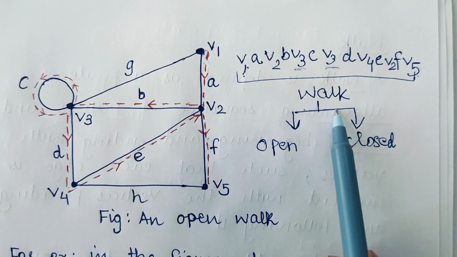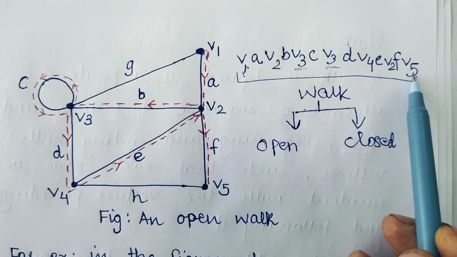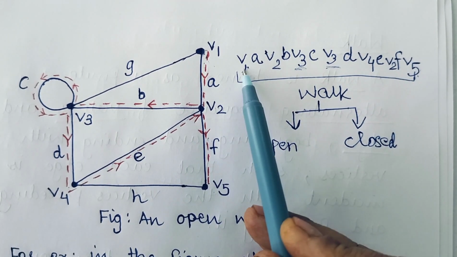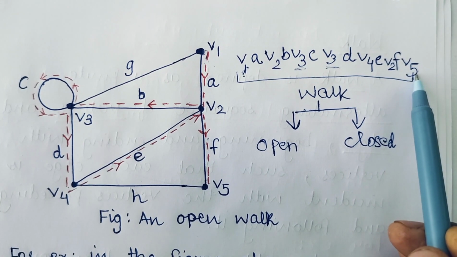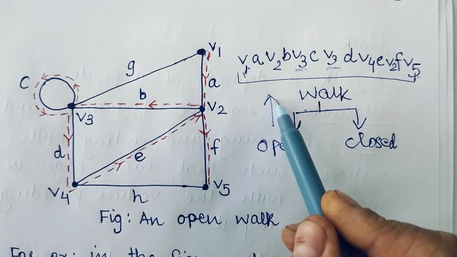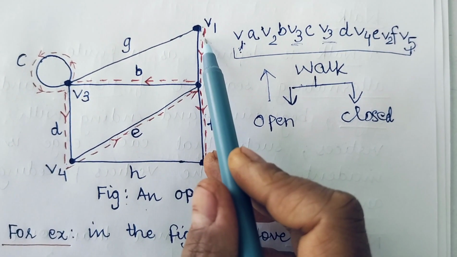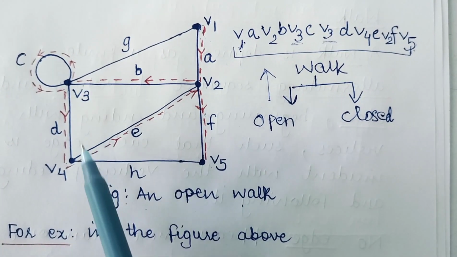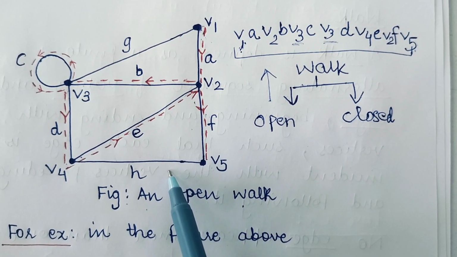So any such walk which starts with a different vertex and ends with a different vertex is called an open walk. So as you can see, this walk was starting with vertex V1 and is ending at vertex V5. So we can call it an open walk. So this is what this figure is representing, an open walk. So these red dashed lines here in this graph are representing a walk, which is an open walk.